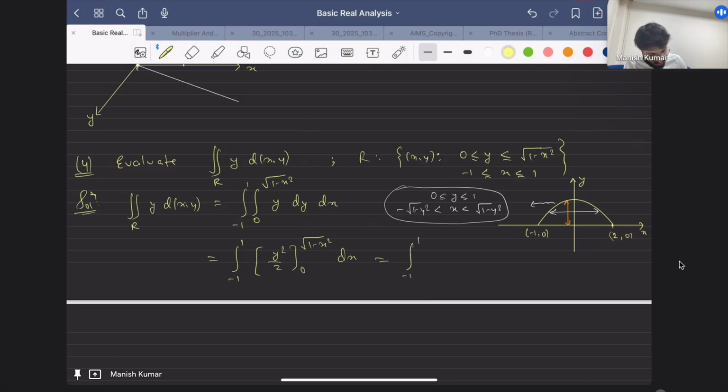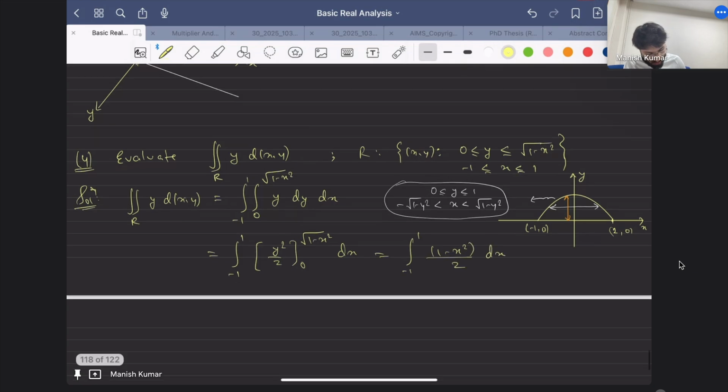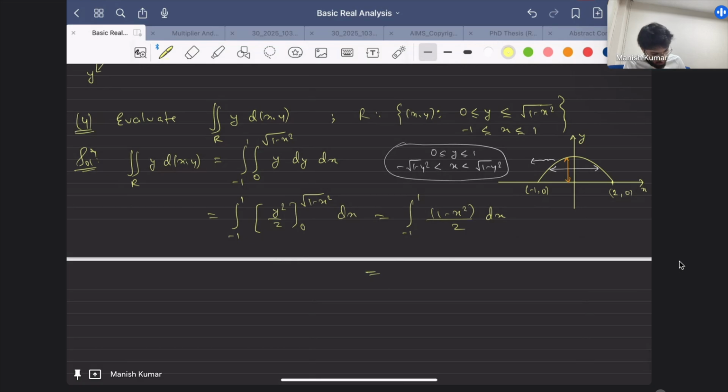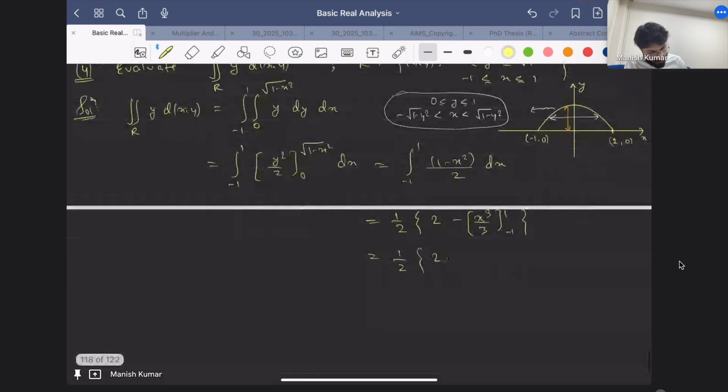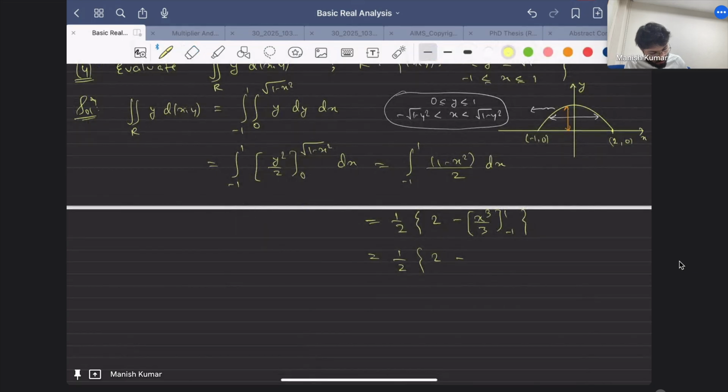So this is 1 minus x square by 2 dx, and then you have, so half you can take common, and then you have x minus x cube by 3, which is from minus 1 to 1. This is 1 by 2, this is 2 minus 1 by 3, so it's 1 by 2 times 4 by 3, it's 2 by 3. Okay.